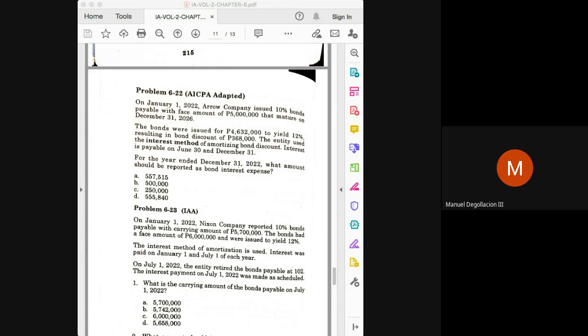Okay, and with this, we can already get the updated carrying amount by June 30, 2022. How much was the face value? It is 5 million.